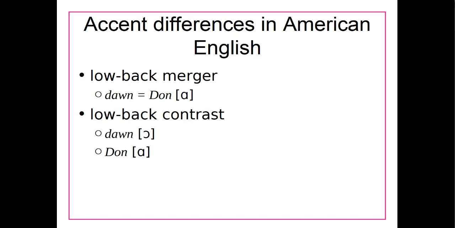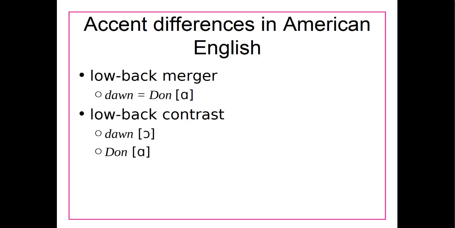In some dialects of English, the word dawn, like when the sun first rises in the morning, and the name Dawn, D-O-N, have the same vowel, this vowel. In other dialects of English, they actually have different sounds.